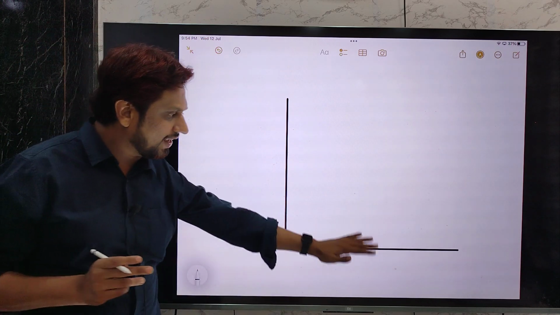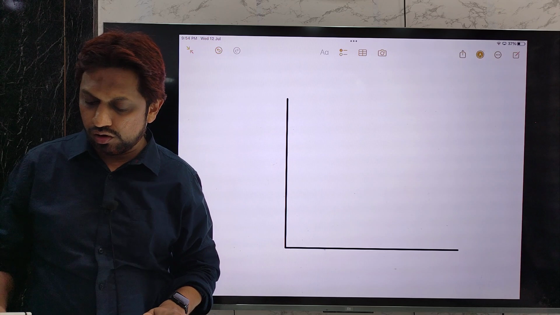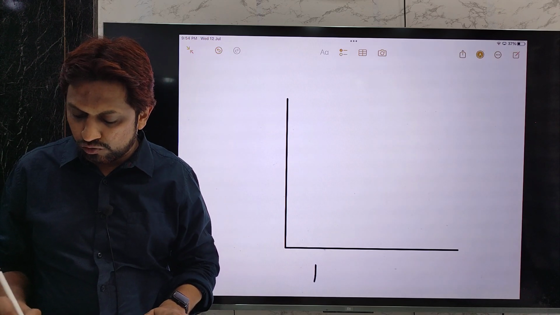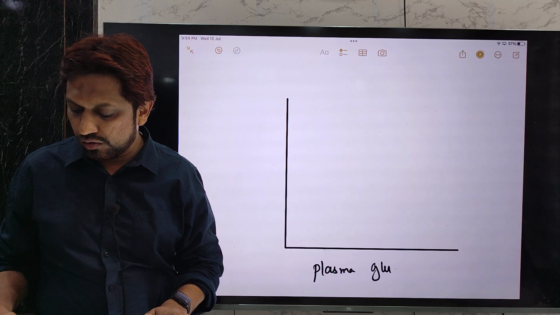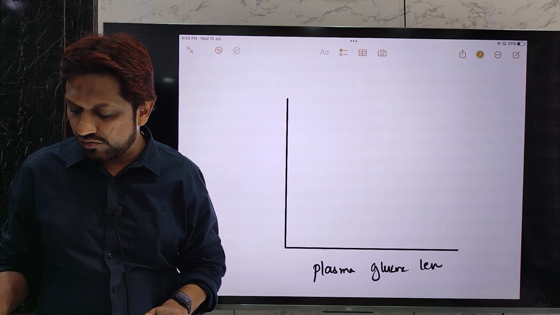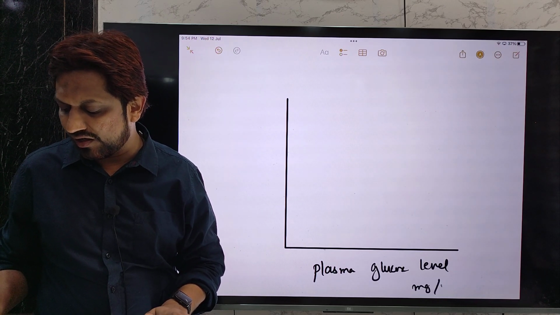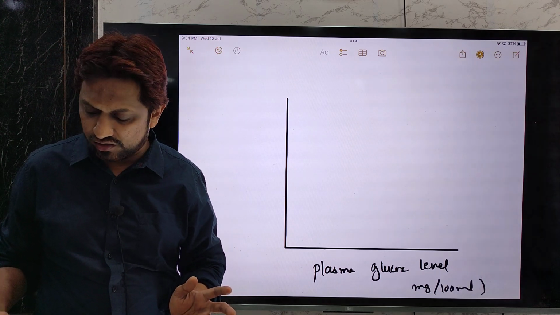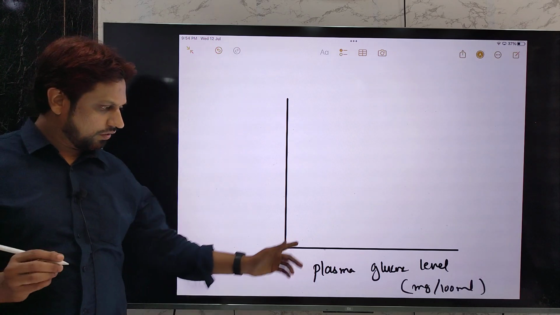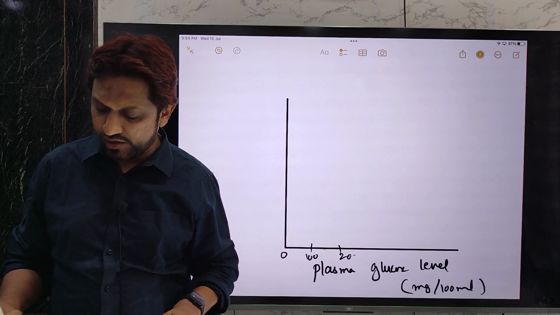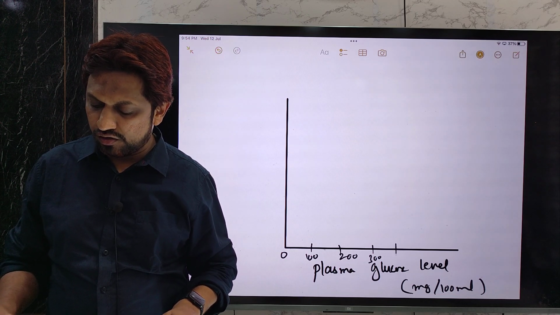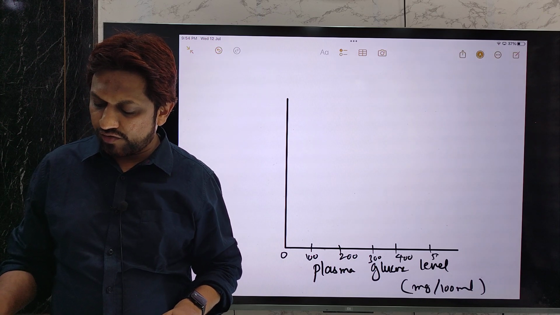Okay, now on the x-axis I am going to mention the plasma glucose level. It is the blood glucose level, plasma glucose level, and the units will be milligram per 100 ml, that is milligram per deciliter. I will start from 0, 100, 200, 300, 400, 500.